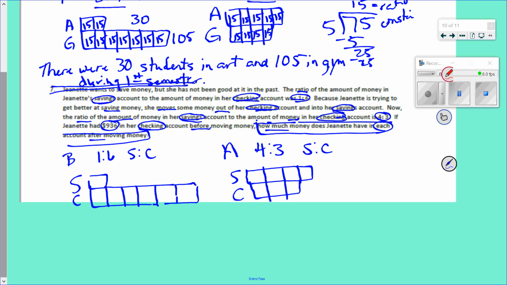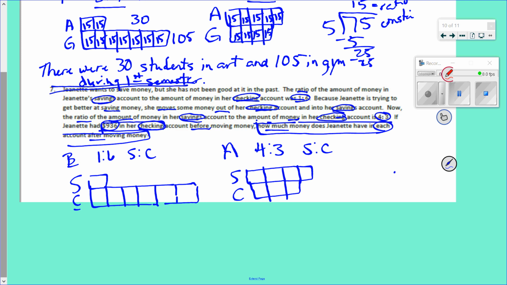Again, we always have to find that third piece of information that they've given us. In this case, it's this piece here. She had 936 in checking before moving. So I have to go back, see how many boxes did I have before I moved. So I'm in the before time in checking, and I can see I have 6 boxes.